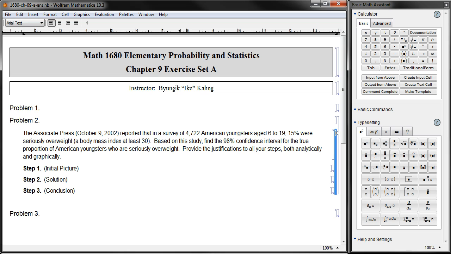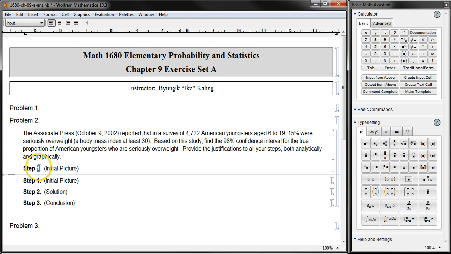Maybe that should be step 0 of this problem. Okay, maybe I'll insert that step. Step 0: T or Z, T table or Z table.